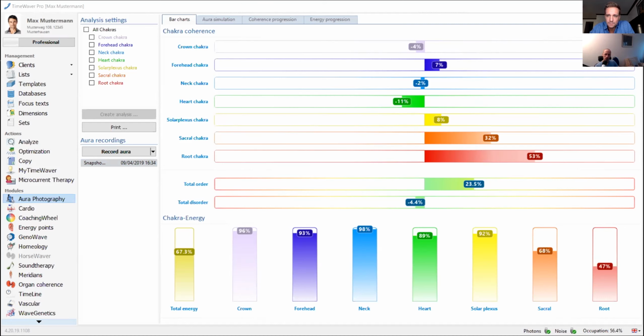The Aura module in your Heal Advisor Analyze app actually comes from what you see right now here, this graph down here, the chakra energy. If you have the Resonance app or the Heal Advisor Analyze app, you'll notice the bars are displayed the same way, and you see the crown chakra all the way down to the root chakra.